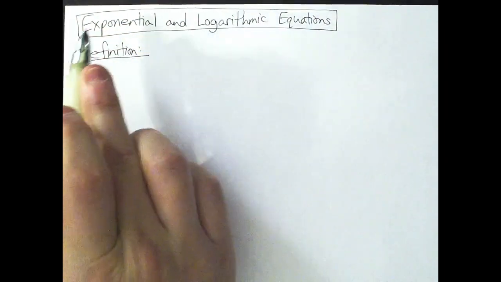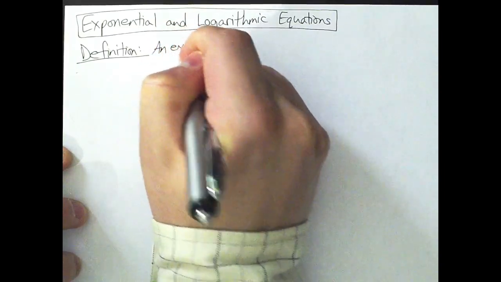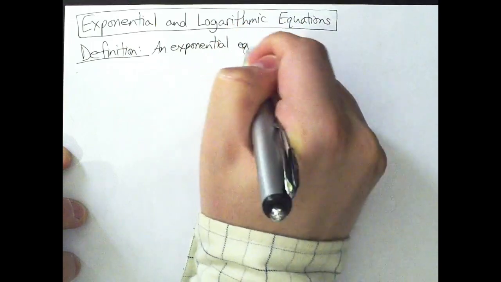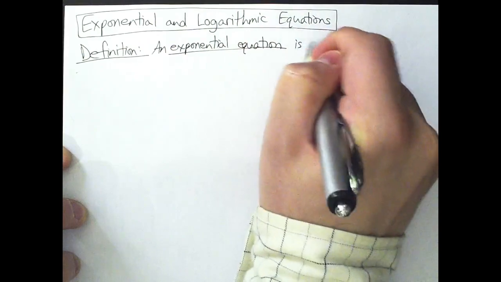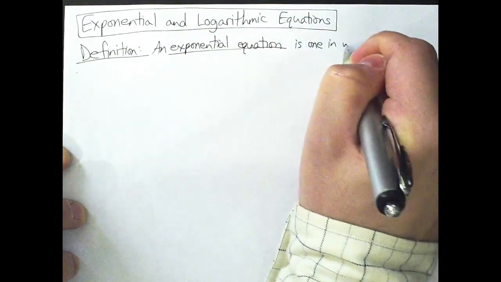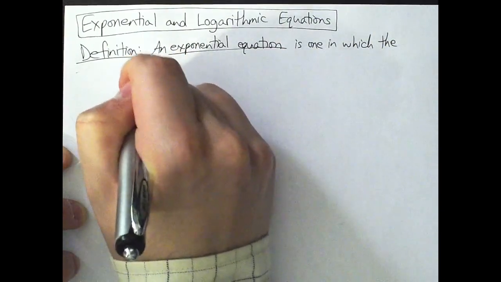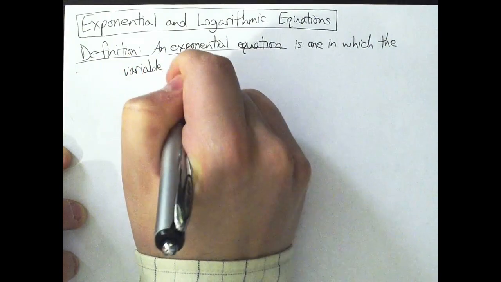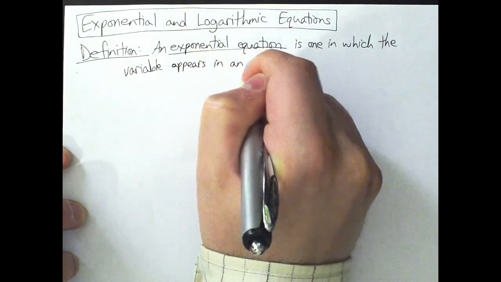We need to define what is an exponential equation. So we're going to say an exponential equation is one in which the variable appears in an exponent.